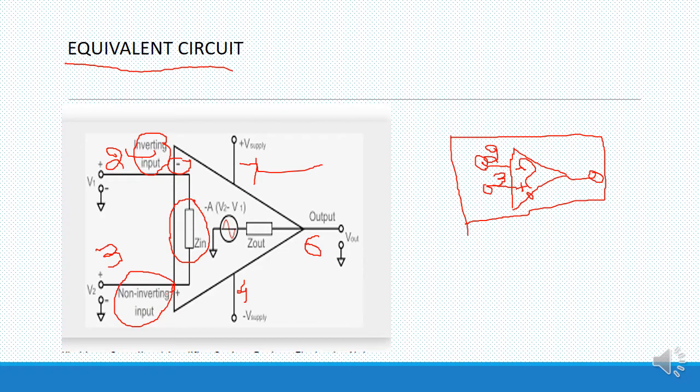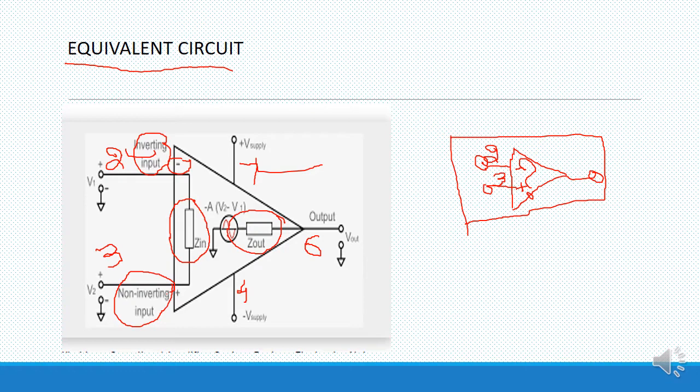Then here you see the output is connected to the output impedance. And this output is connected to one source. This source is A, the open loop gain, into the difference V2 minus V1. One end is connected to the ground, another one is connected to the output resistance. Okay.